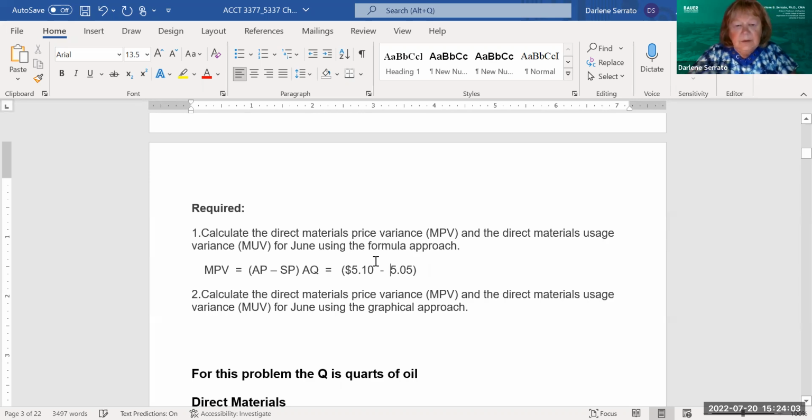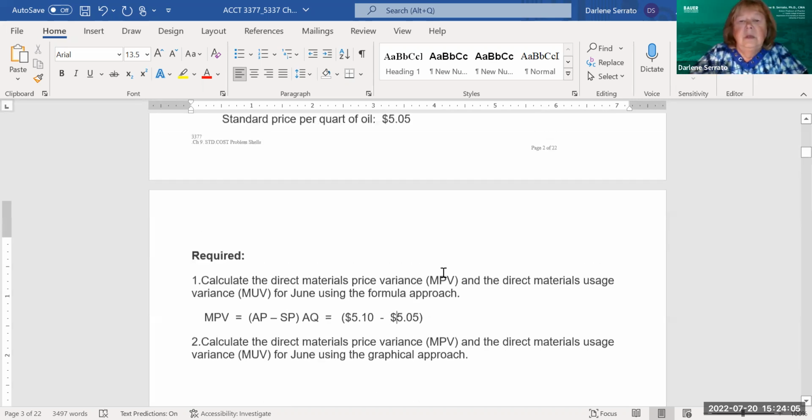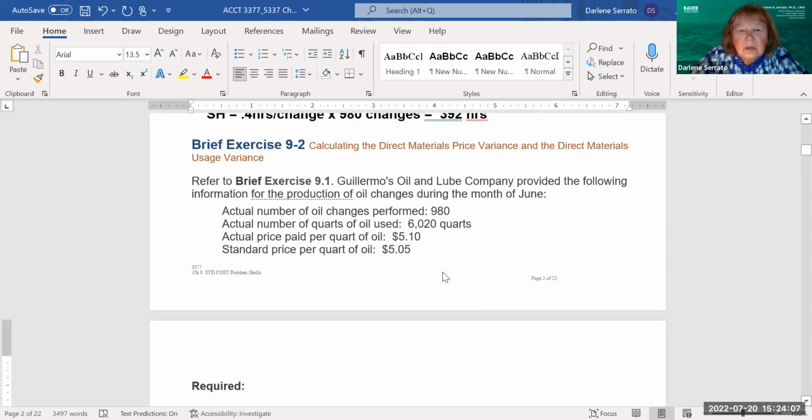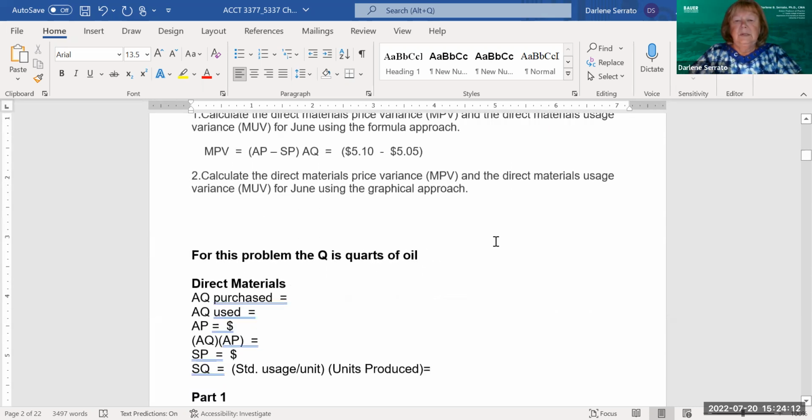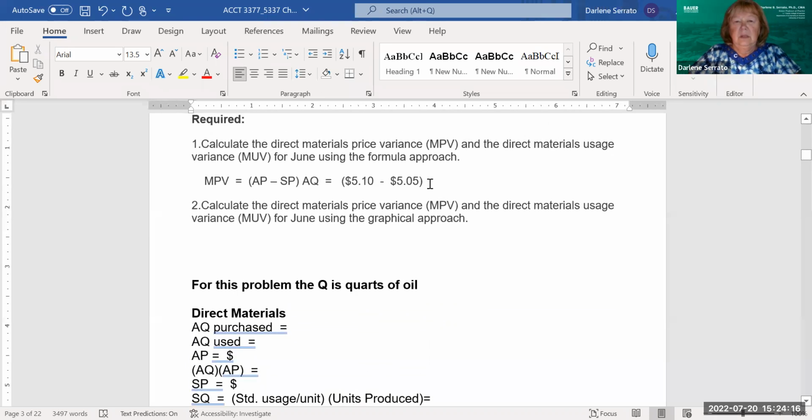Should be a dollar sign. Times 6,020 quarts. So that is per quart. That is per quart.